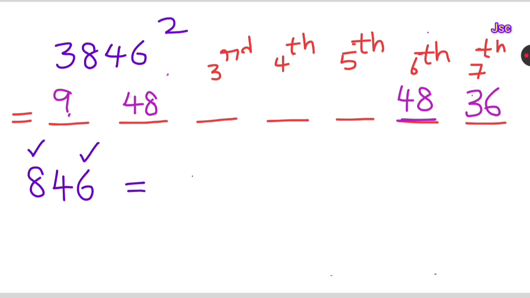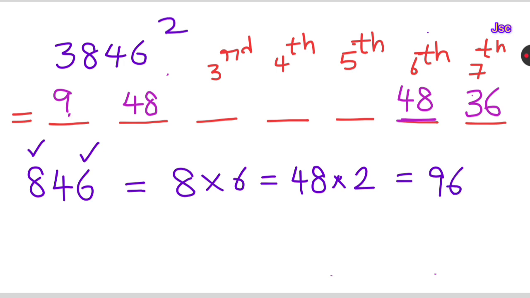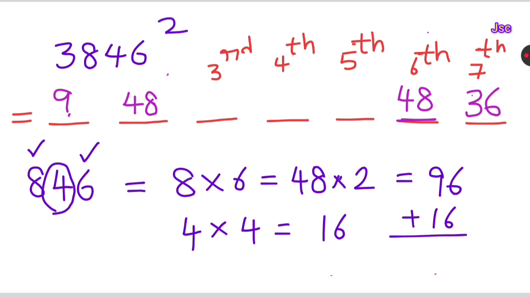So 8 times 6 is 48, and you have to double it. 48 double is 96. The middle number is 4, so you square it, which is 16. Add that 16 to the 96. 96 plus 16 gives 112. That is your 5th position.